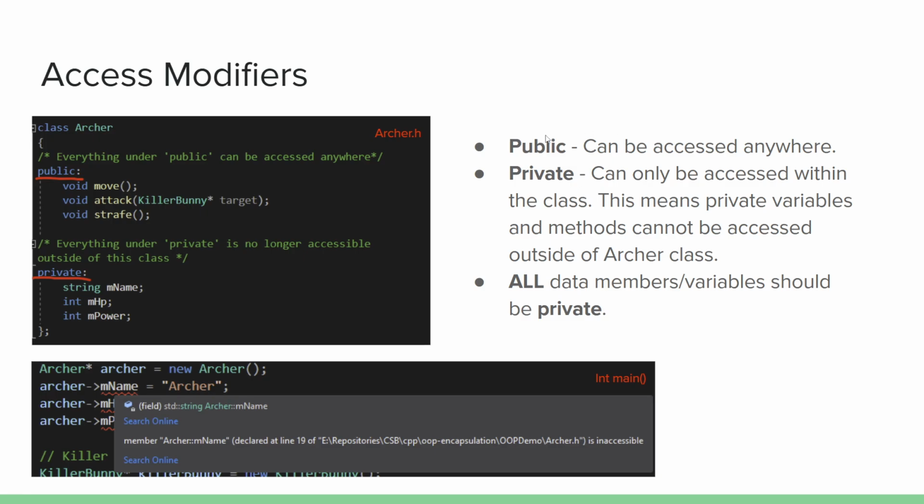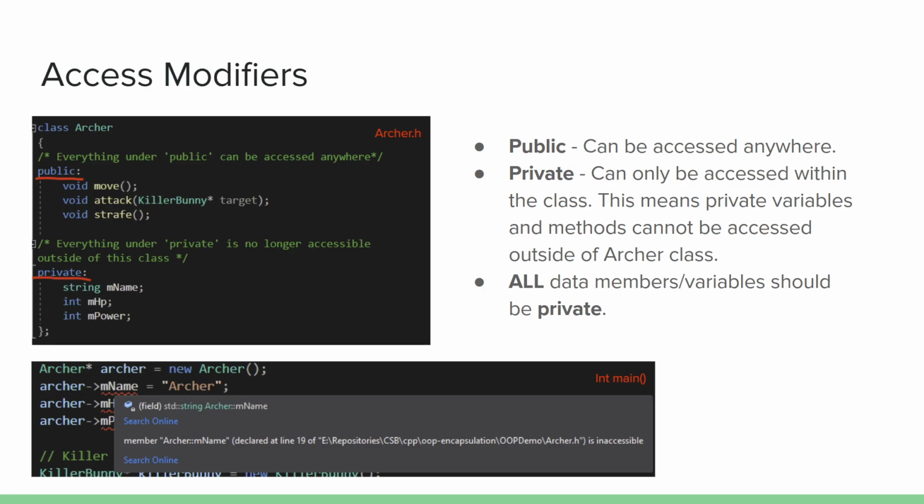Whoever has a reference of the instance can easily access the variables as long as they're public. However, if it's private, the only class that can access these variables and functions is the class itself. So when you imagine private, it is only within the class. No one else can access this.